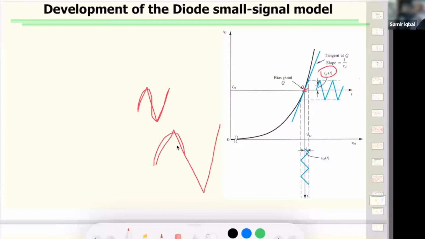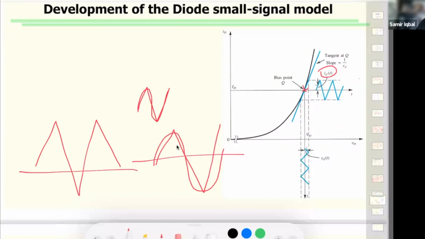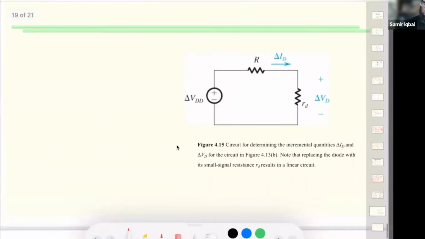Although the signal is going like this, what we are doing here is approximating it with short, almost linear segments that are pieced together. That makes our analysis much easier going forward. All right, so any questions so far?